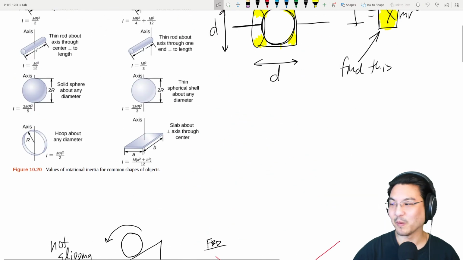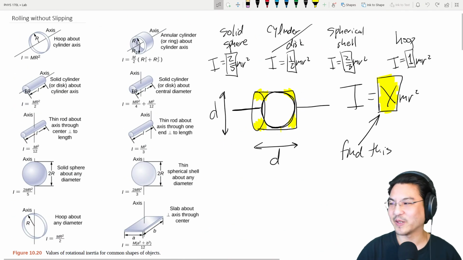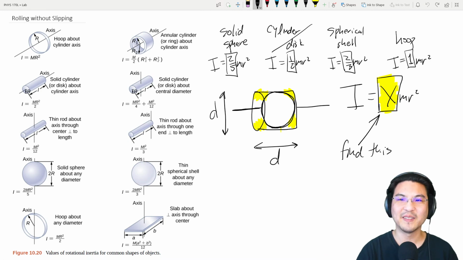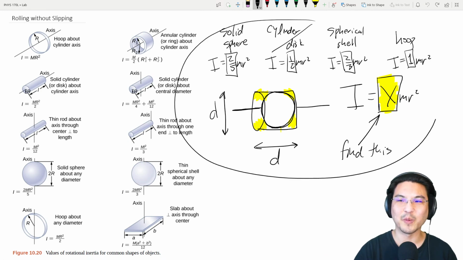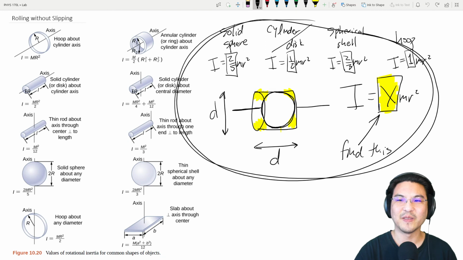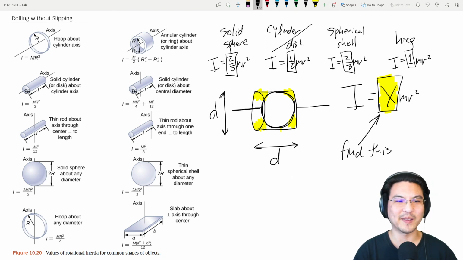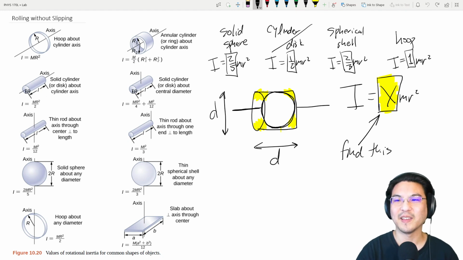Okay, so for your lab report, in the introduction, you can explain this part where the moment of inertia depends on how the mass is distributed closer to the axis of rotation or farther away from the axis of rotation. And then there's just this coefficient that differs depending on the shape.